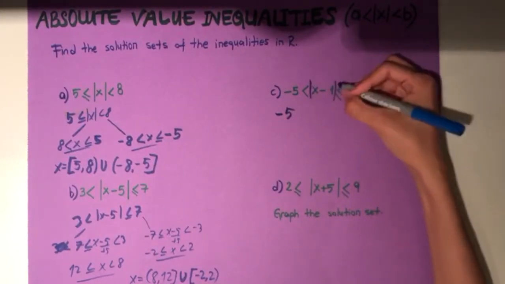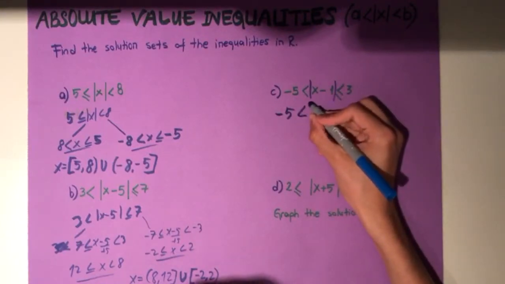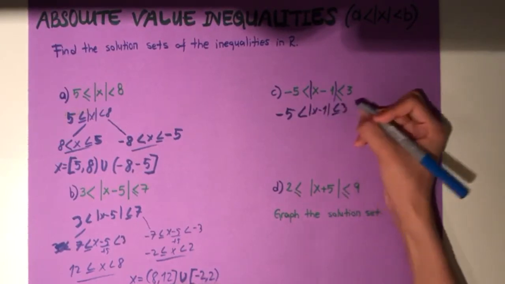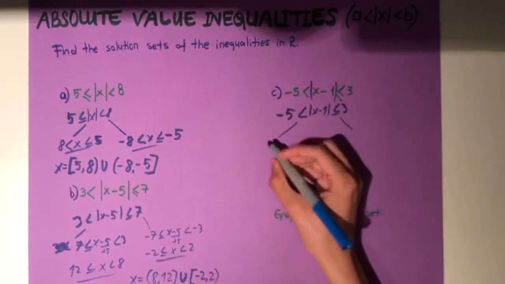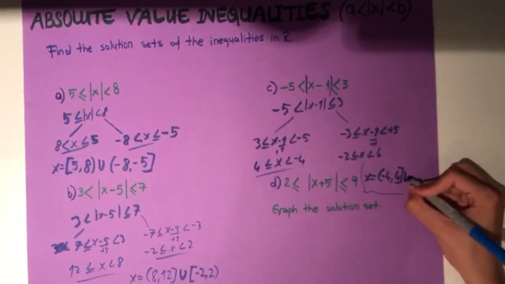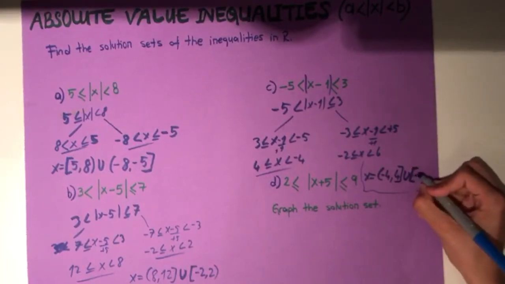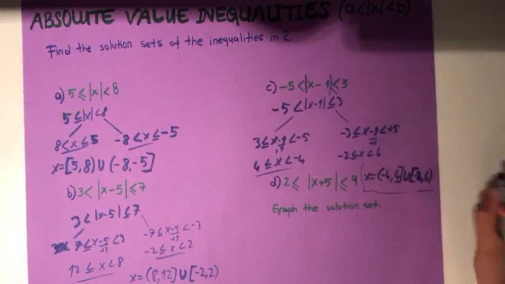Oh, we forgot this. Okay, so we're doing the same thing again. This 3 goes to the right, left, open minus 4 with closed 4, union, closed minus 2 with open 6.